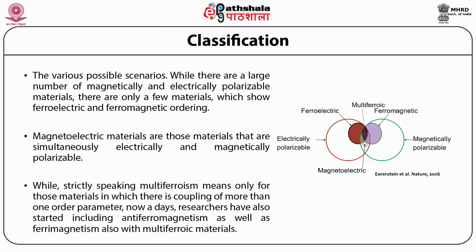While strictly speaking, multiferroism means only those materials in which there is coupling of more than one order parameter, nowadays researchers have also started including antiferromagnetism as well as ferrimagnetism with multiferroic materials.